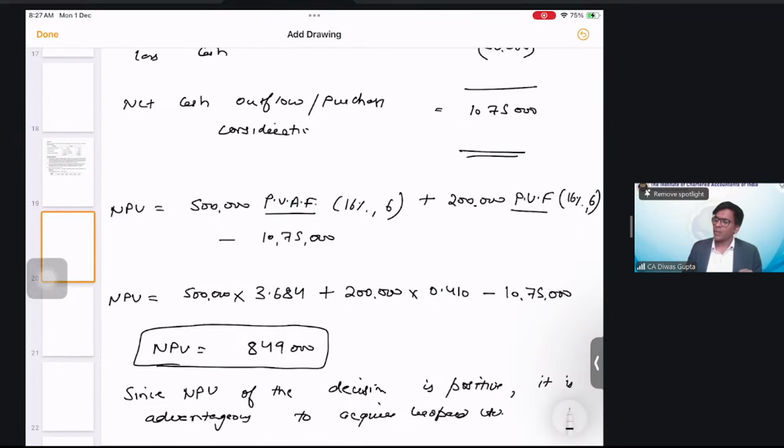Clear? So in this case, since positive NPV was required, our decision was made on that basis. Had this NPV been negative, we would have said that there is no need to acquire the new company because then it will lead to a reduction in the value.